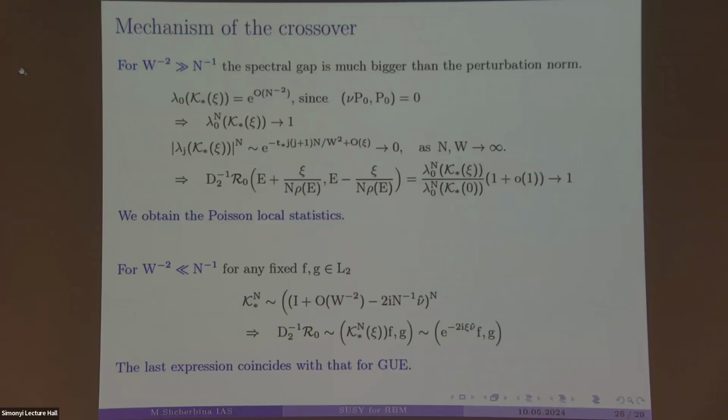If the spectral gap is much bigger than the perturbation, then all eigenvalues except the first one tend to 0, and only the first one, which for a difference operator is always 1, tends to 1.